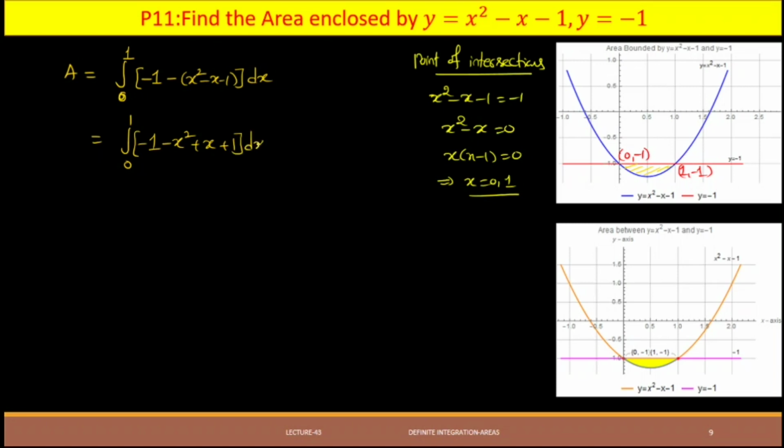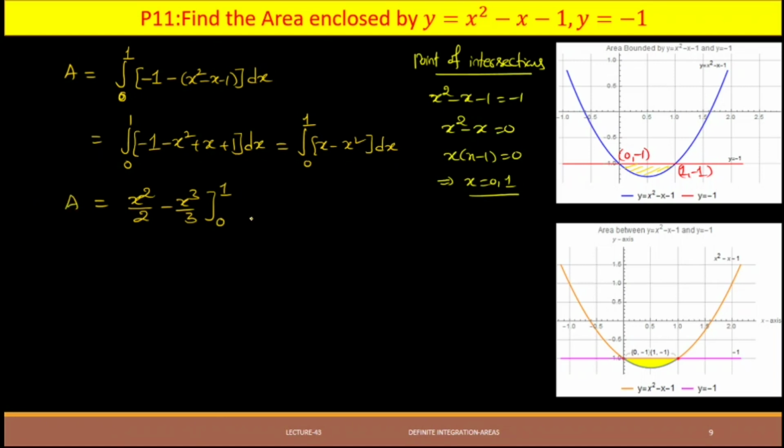So that is equal to integral 0 to 1, and minus 1 gets cancelled. This becomes x minus x square dx. Integral x is x square by 2 minus integral x square is x cube by 3. Upper limit and lower limit are 1 and 0 here.